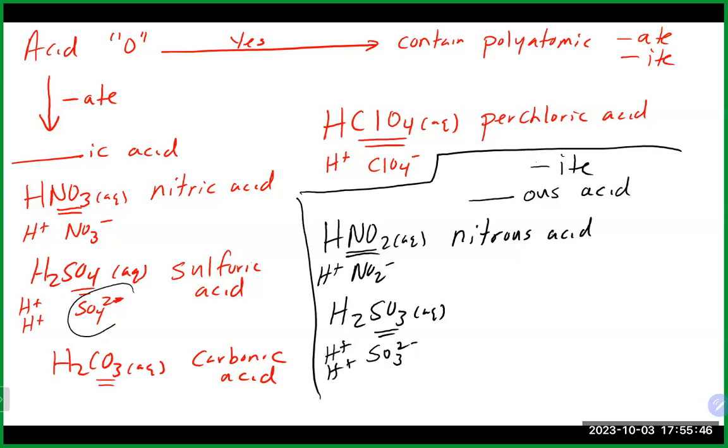Well, I know it's not sulfate, right? Has one less oxygen, which would make it sulfite, right? And that is what I was talking about earlier. If I know that's sulfate, one less oxygen should be sulfite, and that should be sulfurous acid, right?